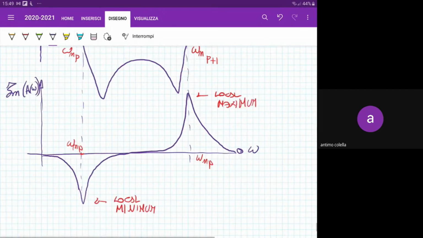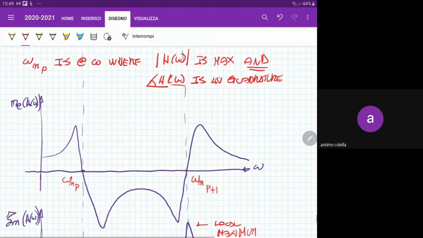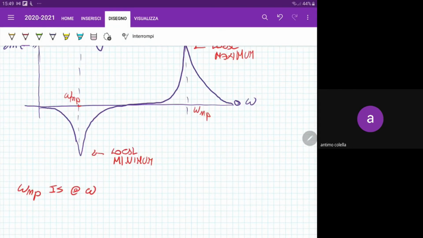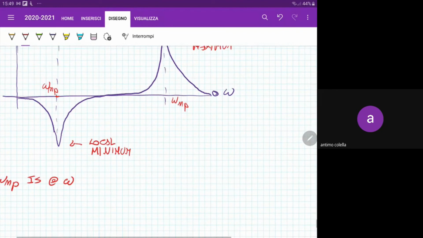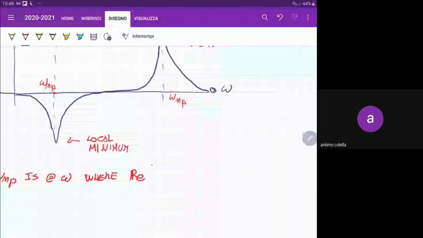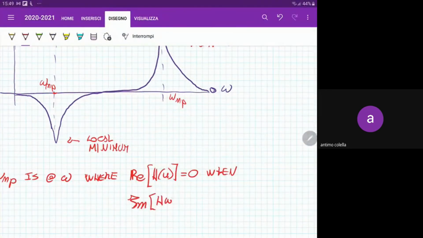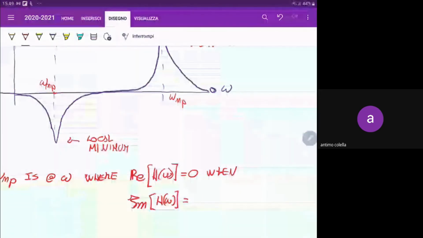So omega n,p, in this case, for example, last case, is corresponding to the frequency where the real part of your H omega is equal to 0 when the imaginary part of H omega is maximum or minimum.